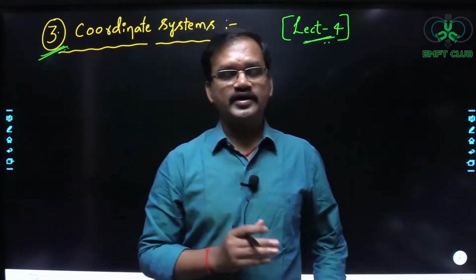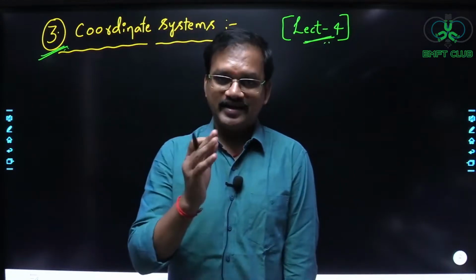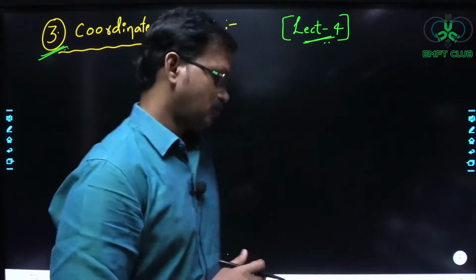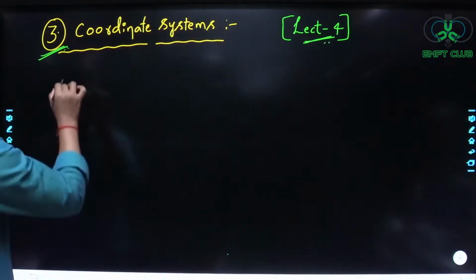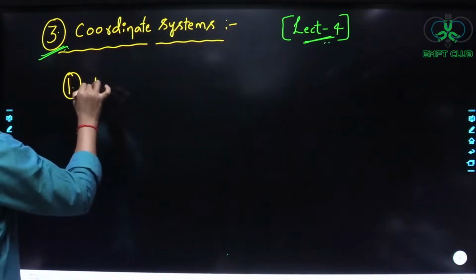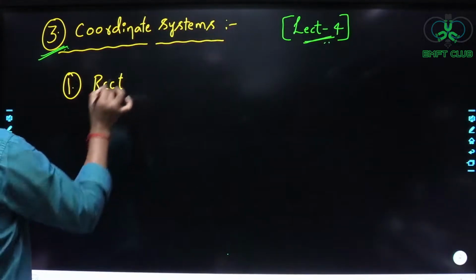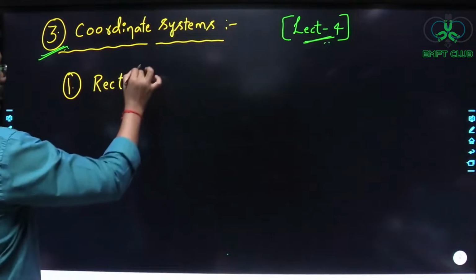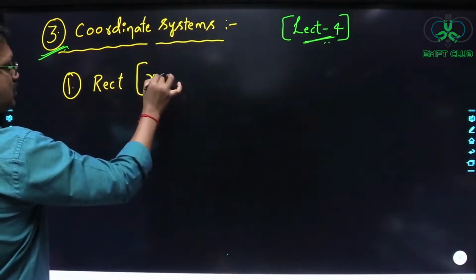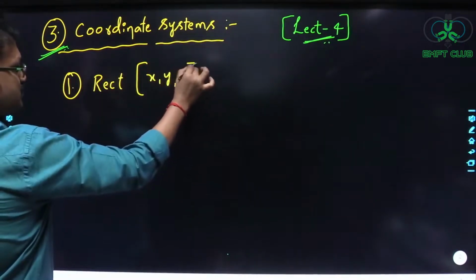In coordinate systems we are going to study 3 types. The first one is the rectangular coordinate system, or we can call it the Cartesian coordinate system, where the coordinates are x, y, z.